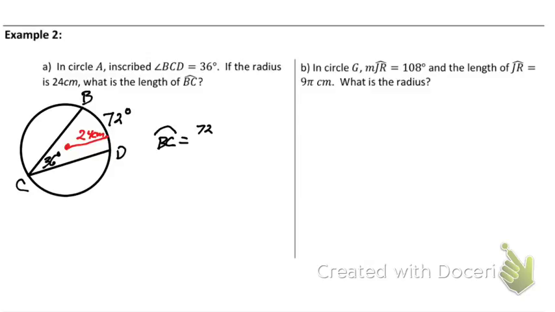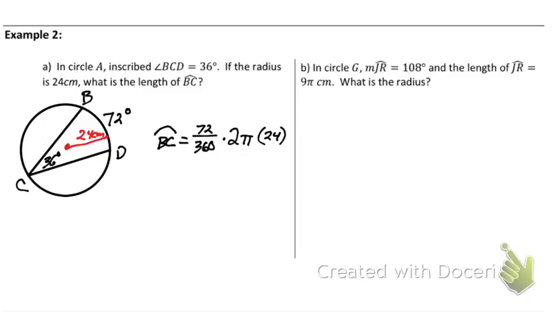We're just going to do 72 divided by 360, because there's 360 total degrees around and I'm only taking up 72. And since we're looking for the length, we're just going to multiply by the circumference, 2 pi r, or 2 pi times my radius, 24.